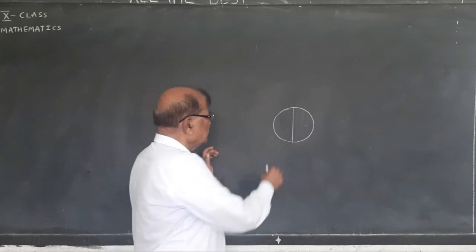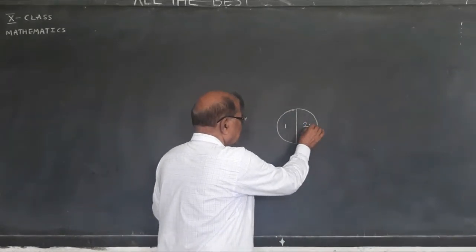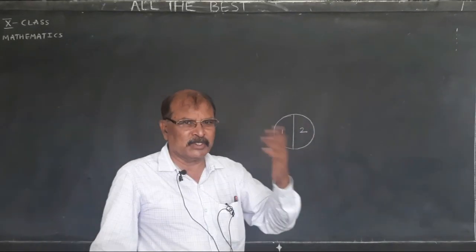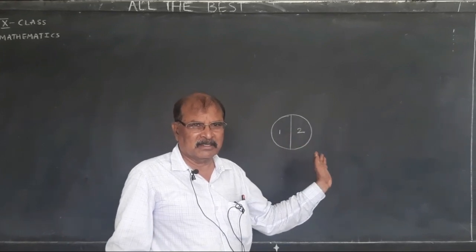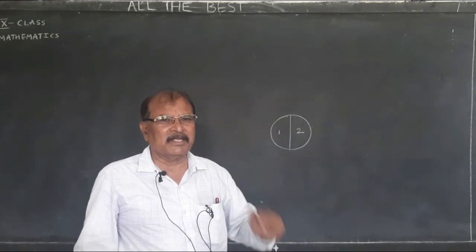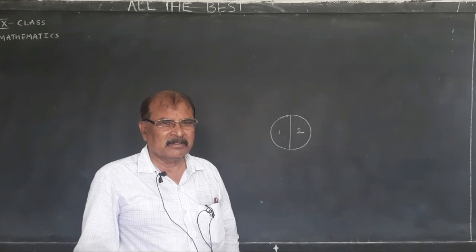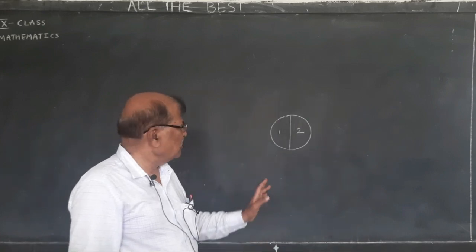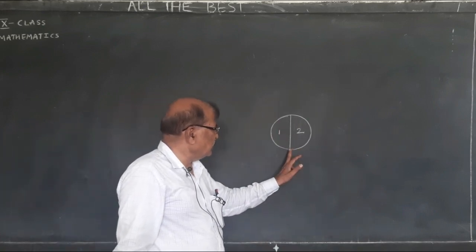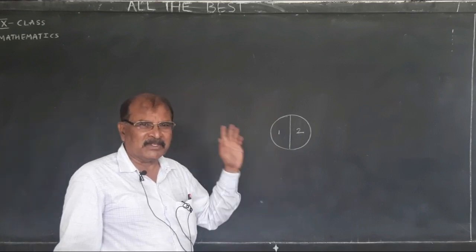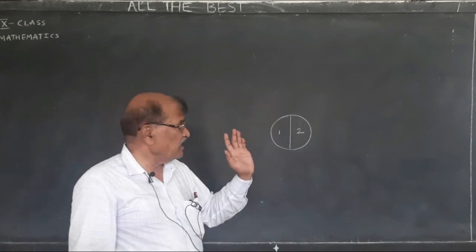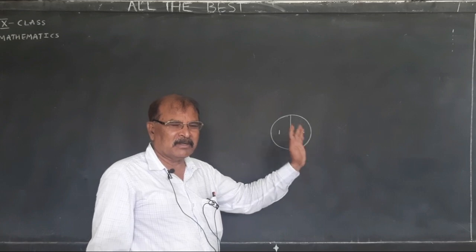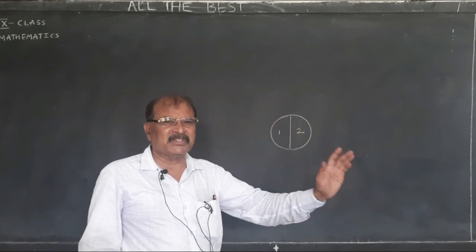This is one part and this is another part, to distribute this roti to two children equally. Here the need of natural number fails. The need of rational number comes into existence.